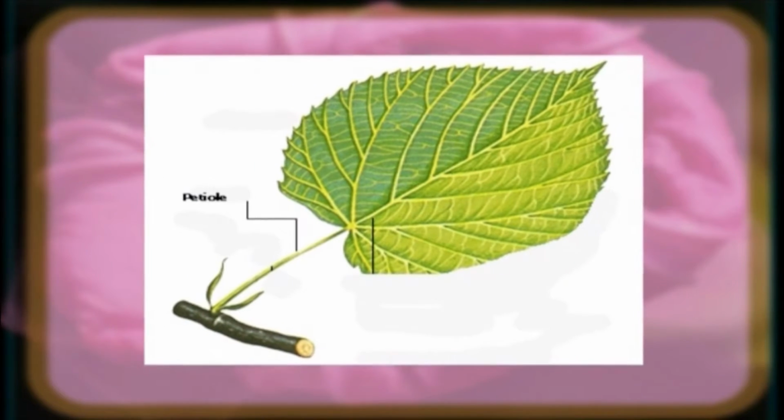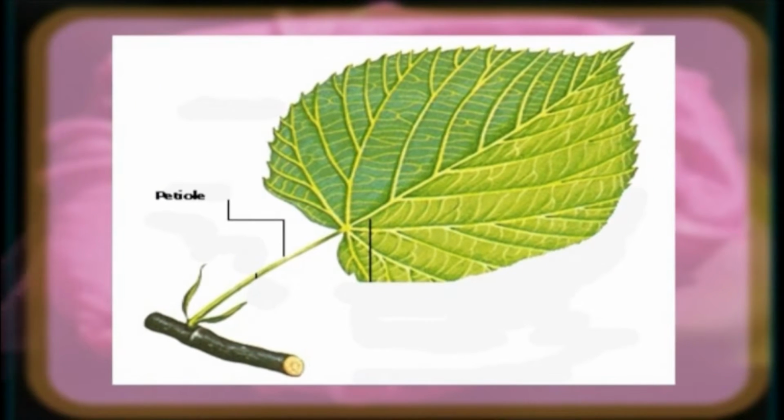The process of shedding organs is known as abscission. Abscission occurs as a result of the development of a special layer of cells called the abscission layer near the base of the petiole. As the organ ages, the cell walls in the abscission layer weaken and eventually separate.